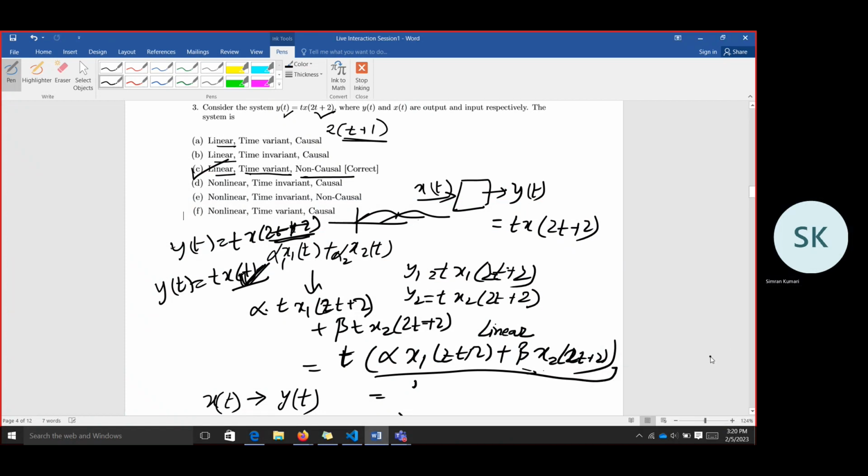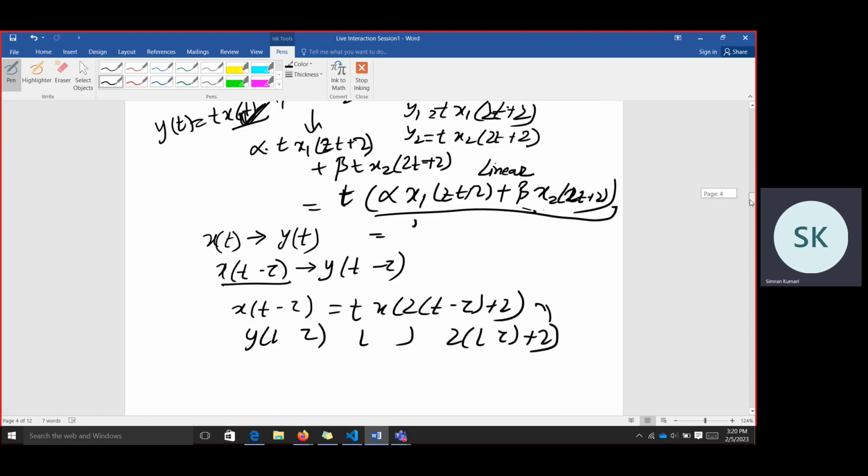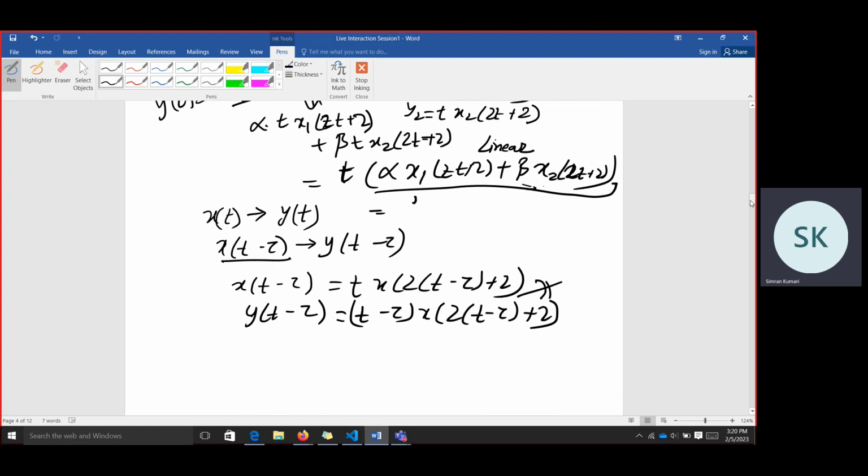Okay. Time variant. So if you see, the concept of time variant is that if you apply an input and you see the output of the system, this output should be the same if we apply the delayed version.